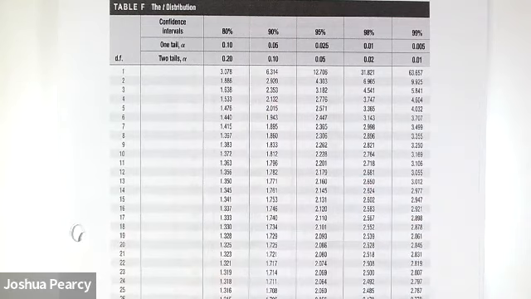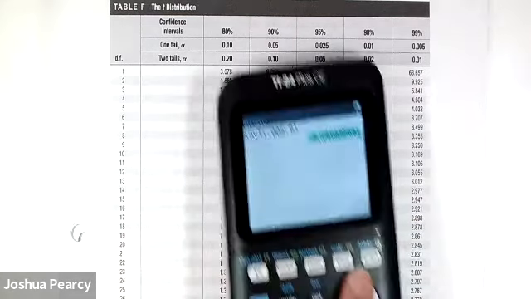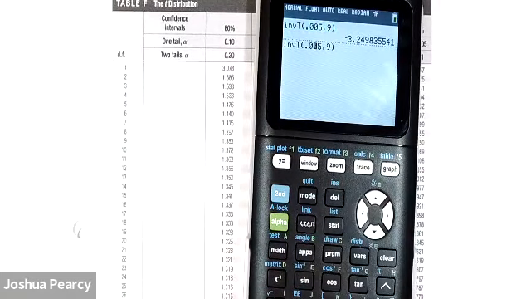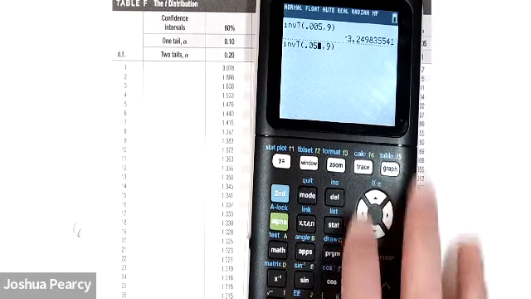You could also do what we did on the calculator here. In this case, the area to the left would be what? If it's 90% confidence, alpha is what? Yeah, alpha over 2 is 0.05. Alpha is 0.1.